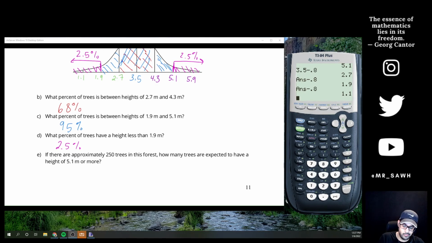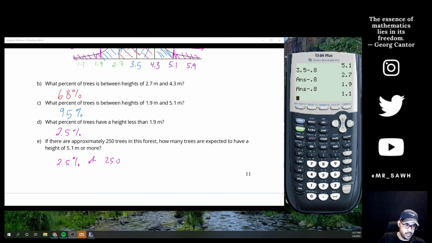So really what I'm looking for is 2.5% of 250, right? So really this is just a multiplication question because if I turn the 2.5% into a decimal, divide it by 100, we're going to do 0.025 multiplied by 250. And I'm going to get 6.25 trees.